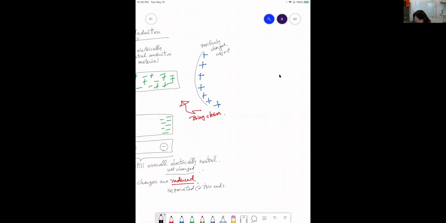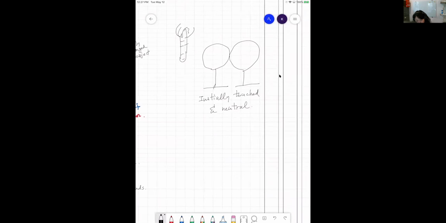So let's see what happens. I'm holding a negatively charged object here. And there are two conductive balls that are initially touching, in neutral.